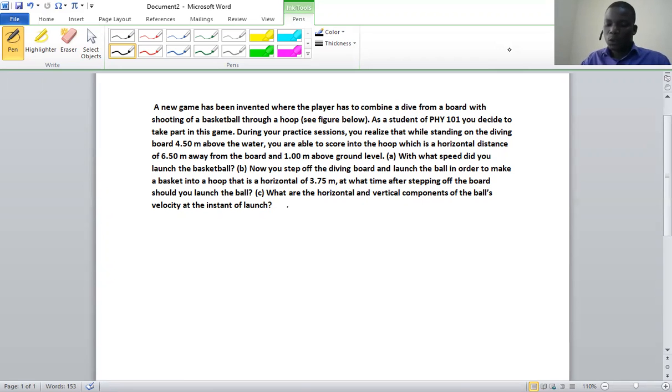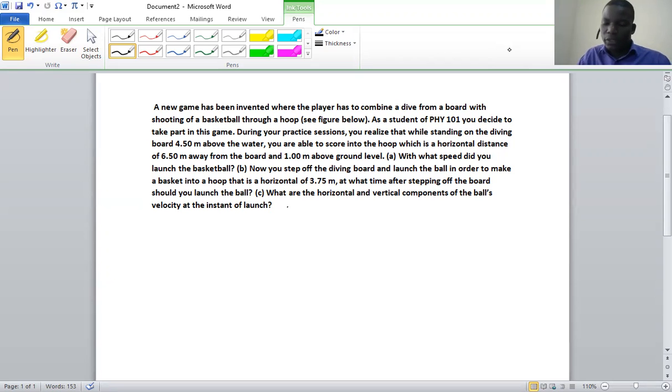Okay, so we want to find the launch speed. I think it's not that hard. The first thing that we need to find here is the time it takes. Once we find the time, finding the speed is going to be easy. So how do we find time?